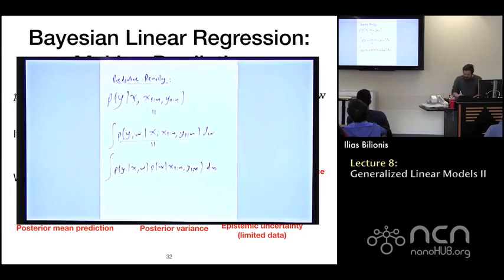Okay? And then it turns out that this thing is actually a Gaussian, with a mean and a variance that is like that. How do I know? We'll make it a homework problem. That's how I know. And it is this, 1 over square root 2 pi S(x). It is an expression that gives you the probability of observing y at x.